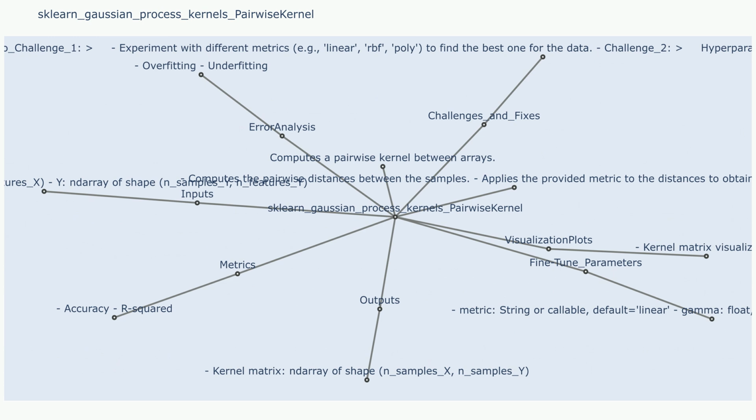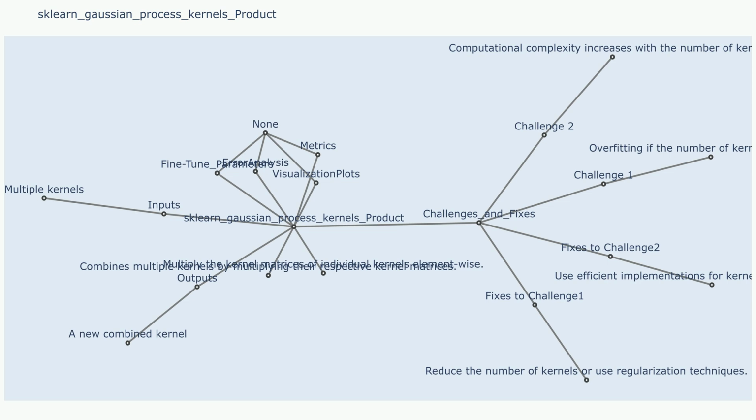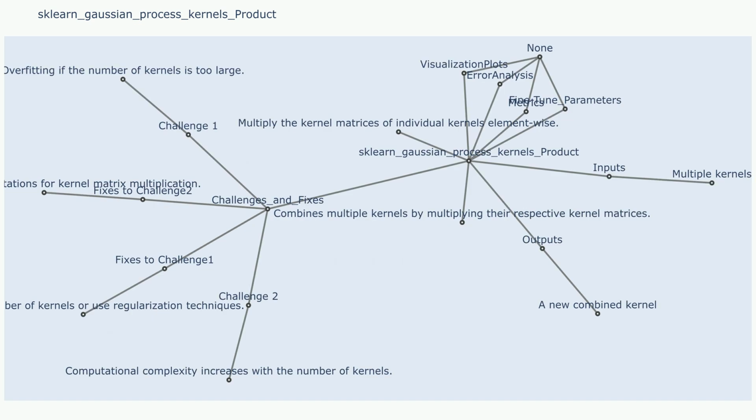sklearn Gaussian process kernels: product. Description: the product kernel in scikit-learn's Gaussian process framework combines multiple kernels to create a more complex kernel function. This allows for modeling complex relationships in the data that might not be captured by a single kernel. Inputs.